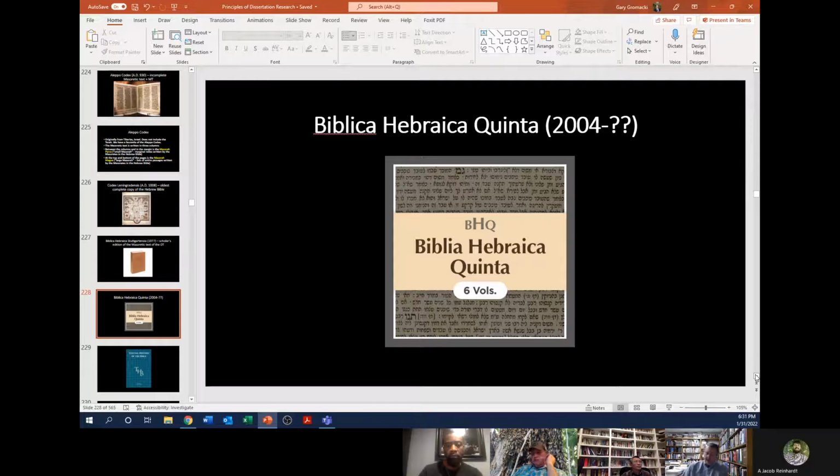So I posted in Canvas for you today an article by David Baker, which is called "Which Hebrew Bible?" is the title of it. And so the first page talks about Biblia Hebraica, the series. How did we come to where we are today? It has a whole section on Quinta here.